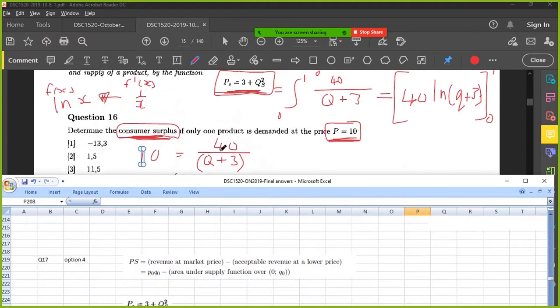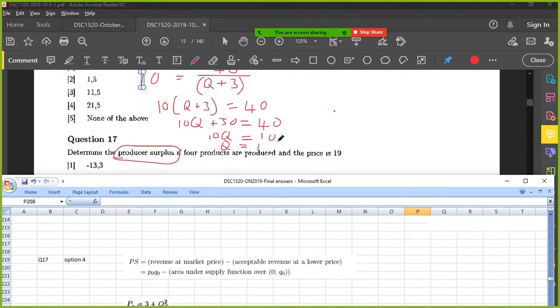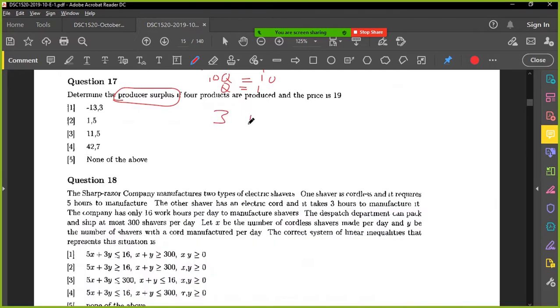So, supply, PS equals 3 plus Q squared. Do you see that? Yep. Okay, so obviously it's going to be PQ minus the integration of that thing. Okay, so how do you integrate that?